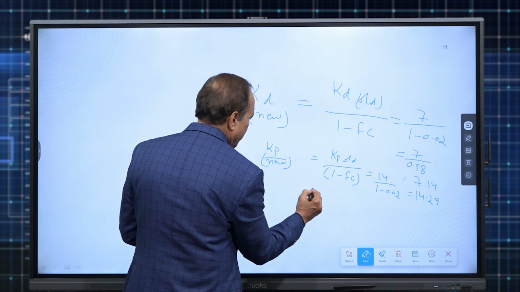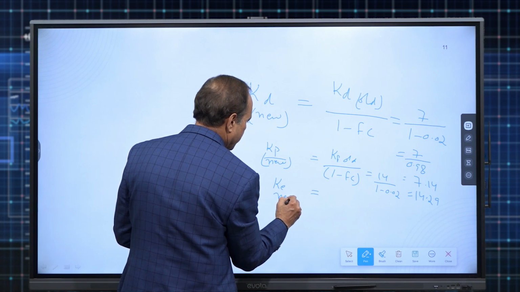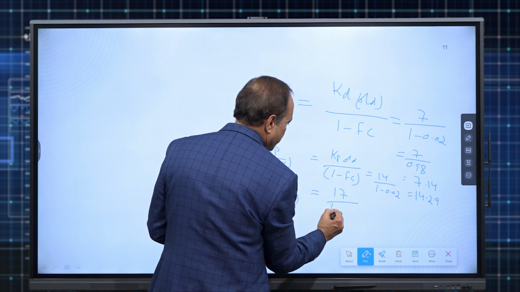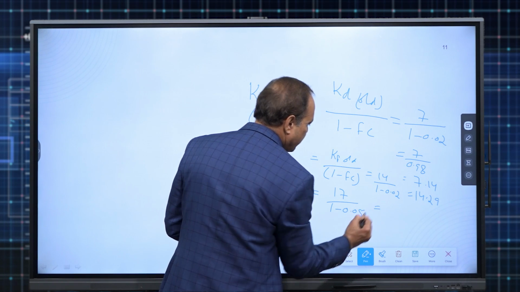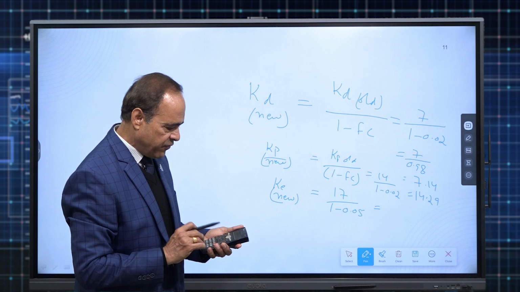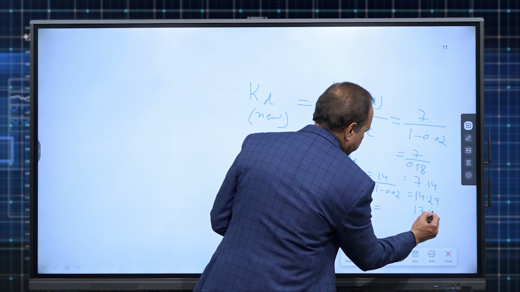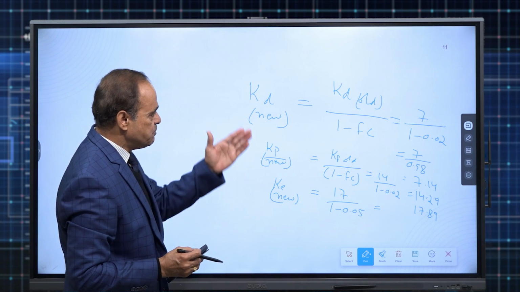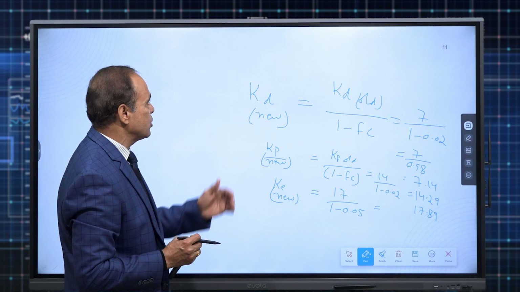And finally, for cost of new equity, old equity cost was 17% and flotation cost for equity is given to us as 5%. So 17 divided by 0.95, we get 17.89%. So that is the way we calculate a specific cost for the marginal chunk or marginal capital to be raised.